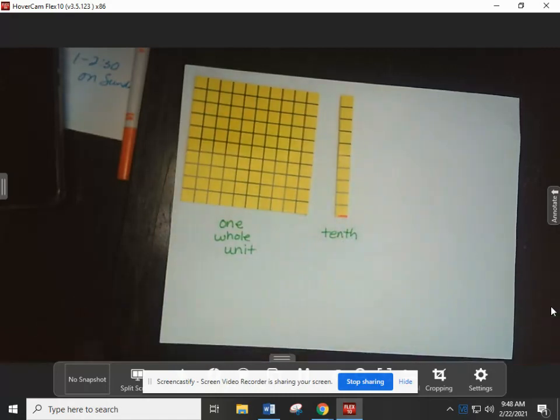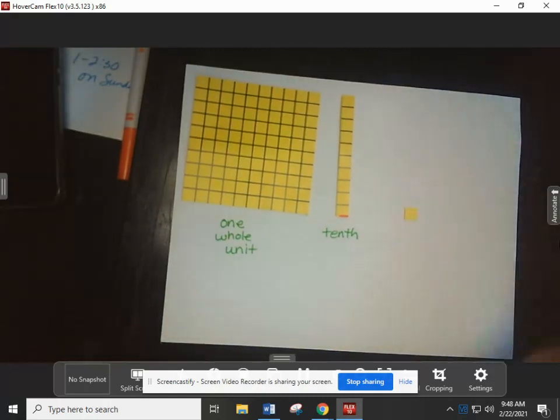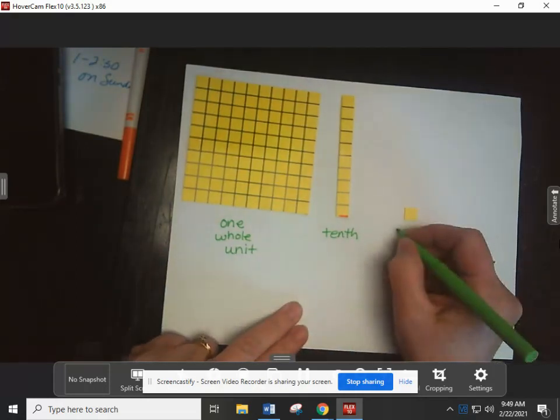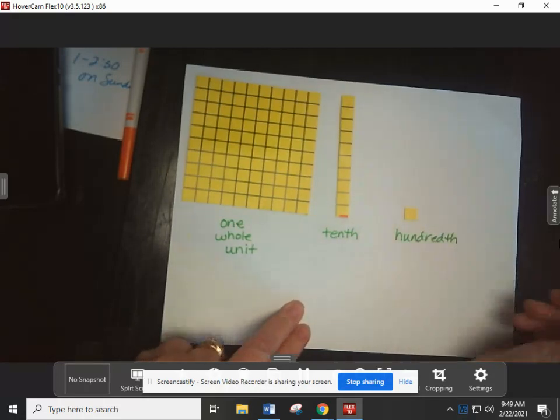Okay, 10. Now, what about this one? Anybody remember how to pronounce that? Yes, sir. One. Good try, but it's not. It makes sense if it was, but it's not. Okay, Tucker? 100th.